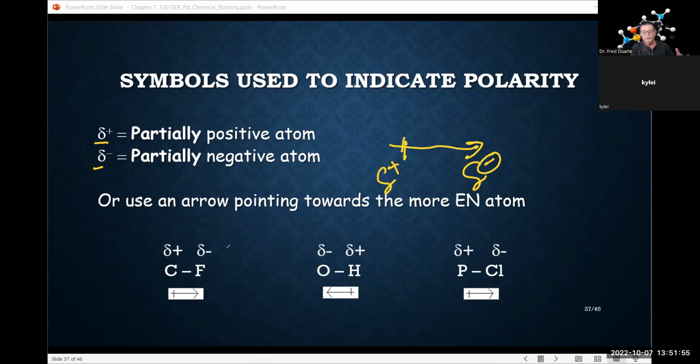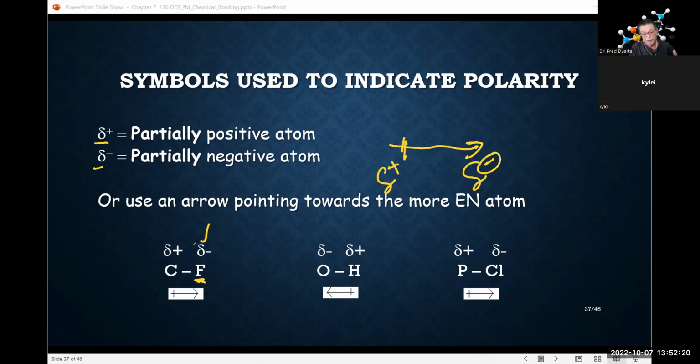So without question, that arrow will go from left to right, pointing toward the fluoride, because fluoride is the most electronegative. Therefore, it would have a partial negative character, resulting in the carbon having a partial positive character.